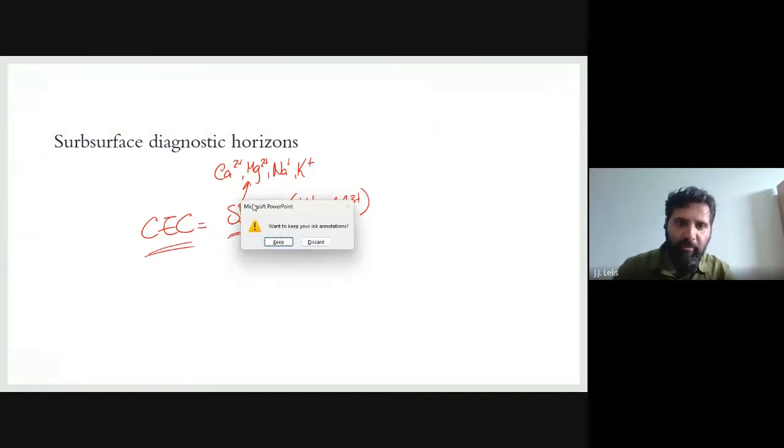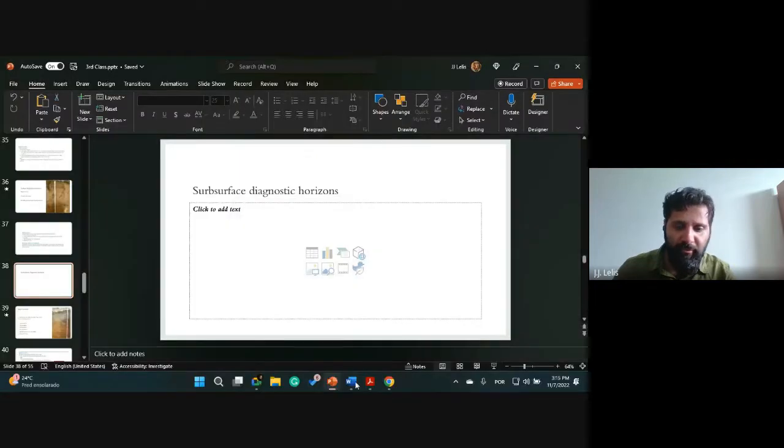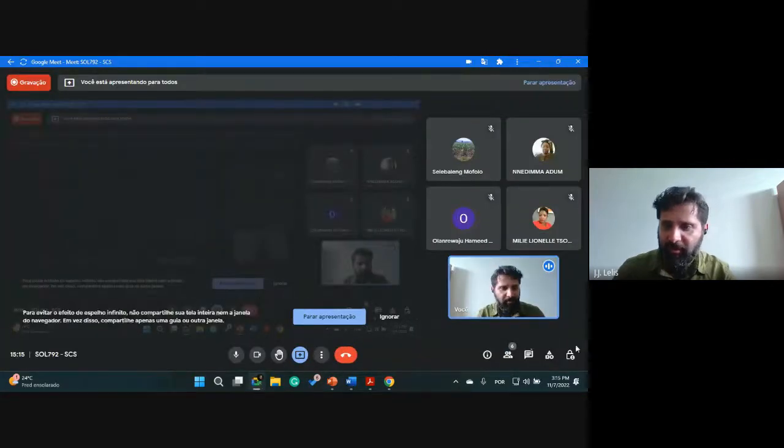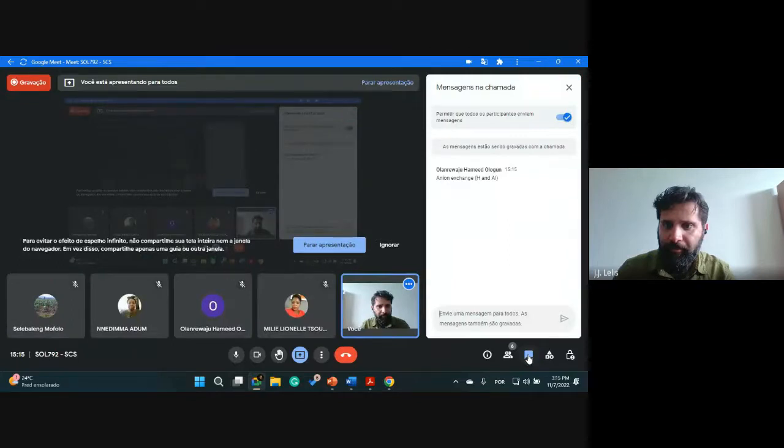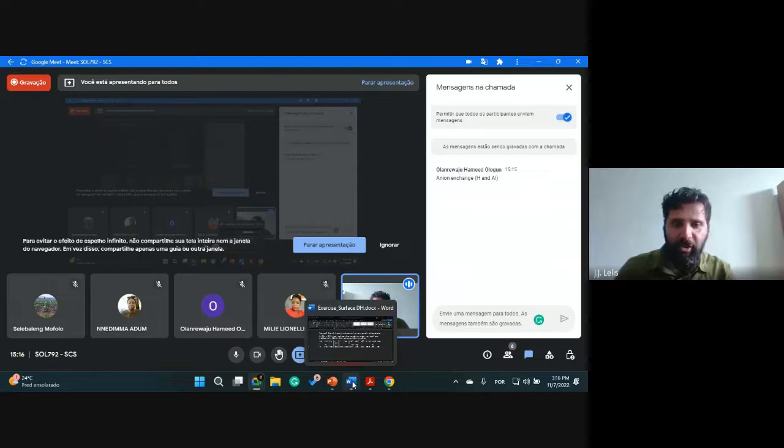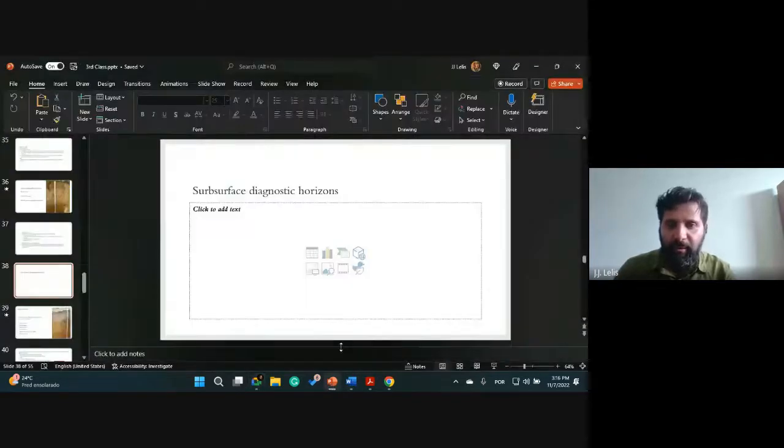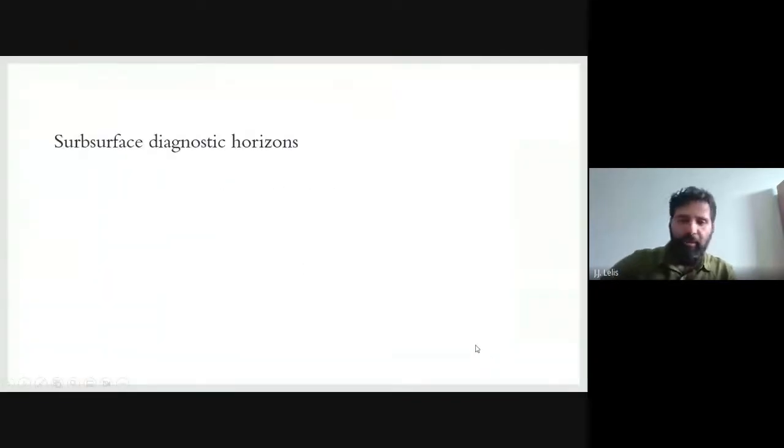I think that someone asked something, just let me check. It's not an anion exchange, because they are cations, they are positive charges. They neutralize negative charge, okay? Try to think that this is a clay particle, something like 0.002 millimeters.